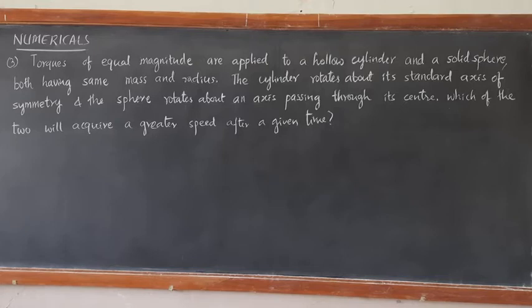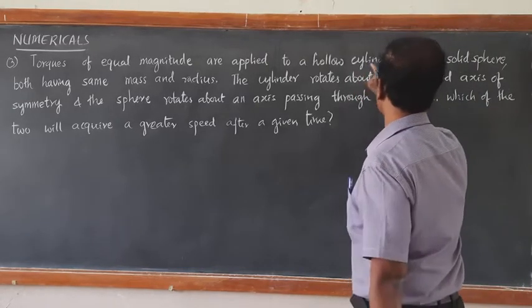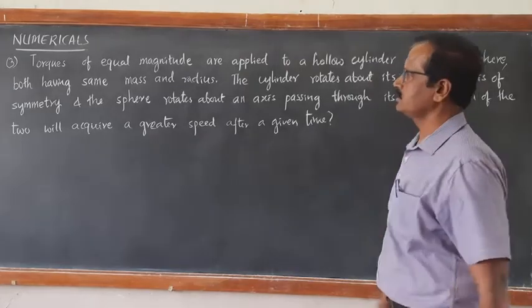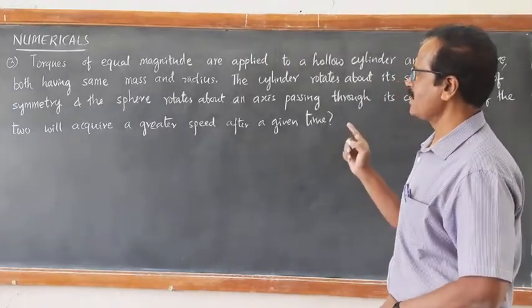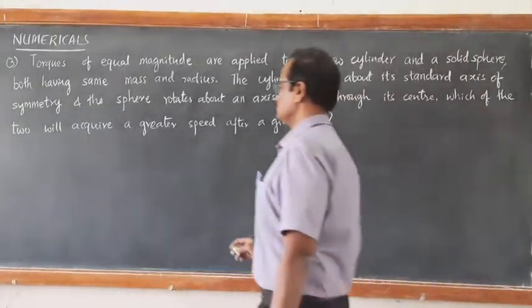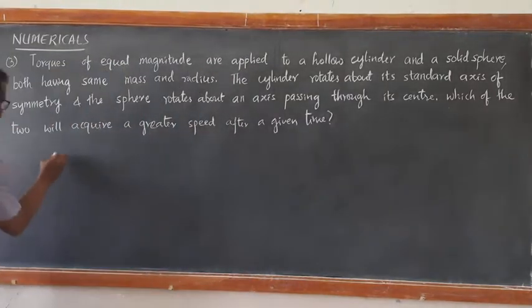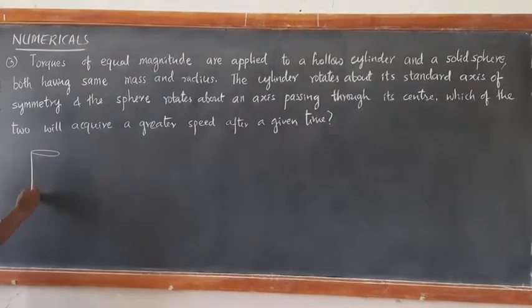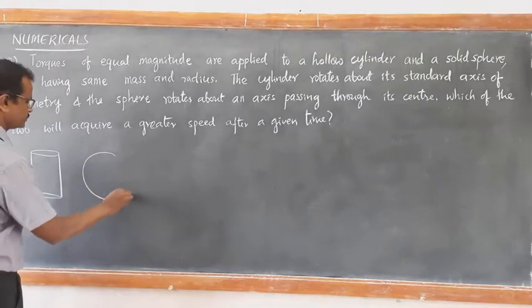Look at this problem. Torques of equal magnitude are applied to a hollow cylinder and a solid sphere, both having the same mass and radius. One is a hollow cylinder, another one is a solid sphere.